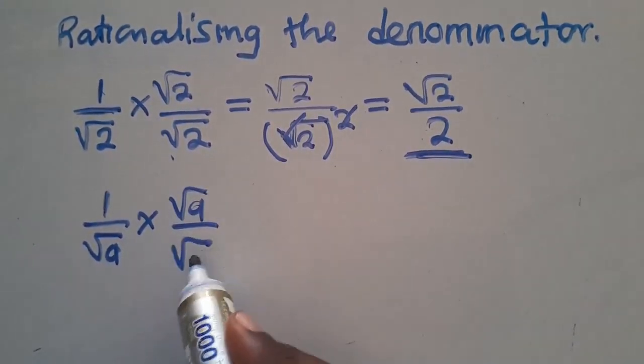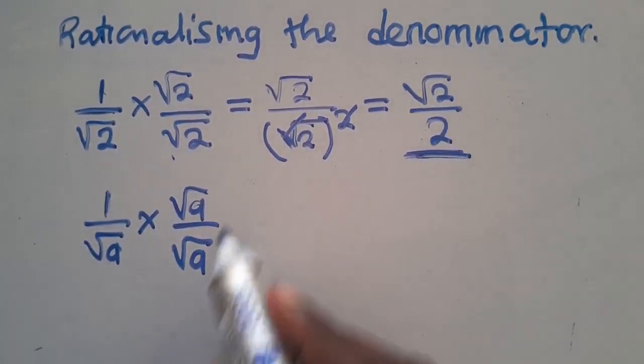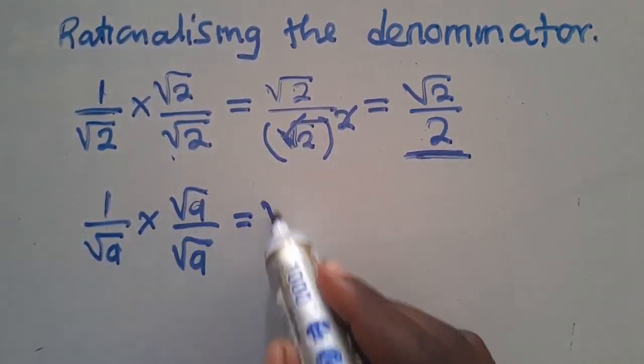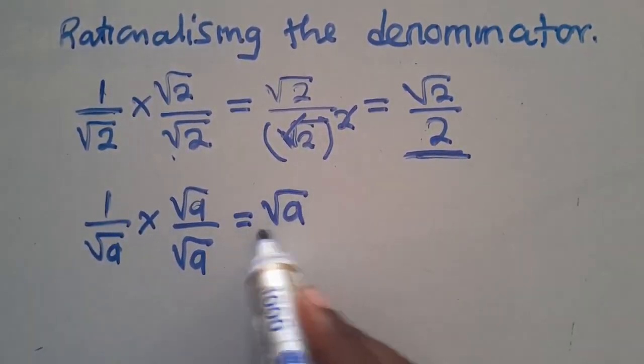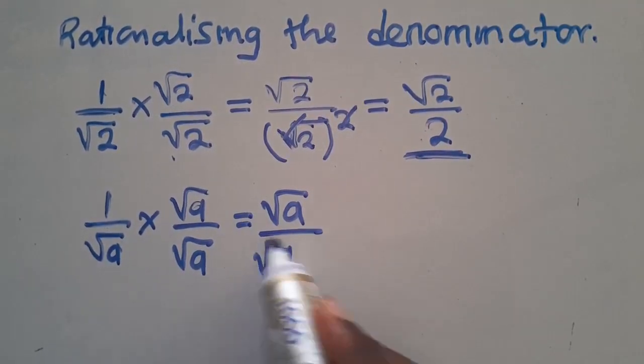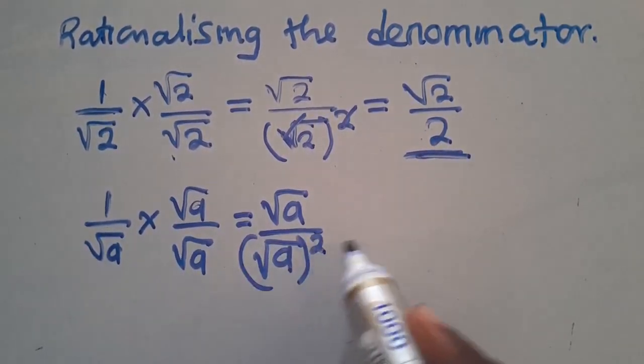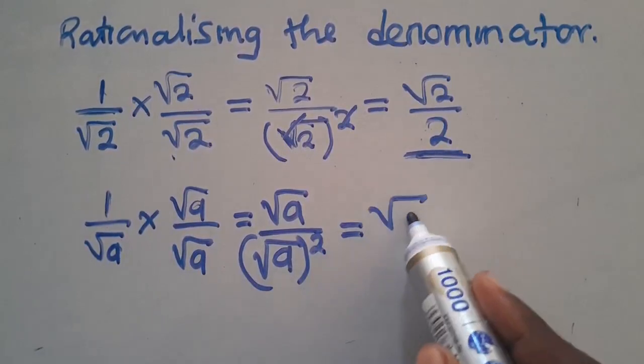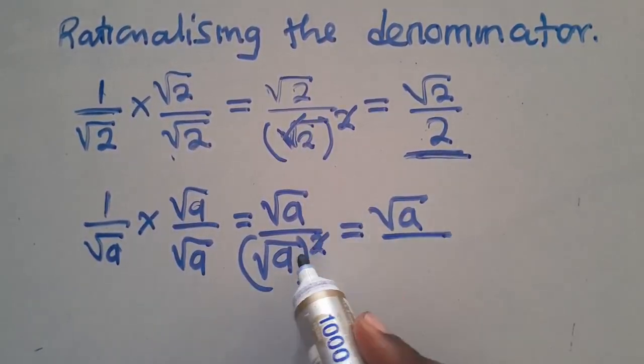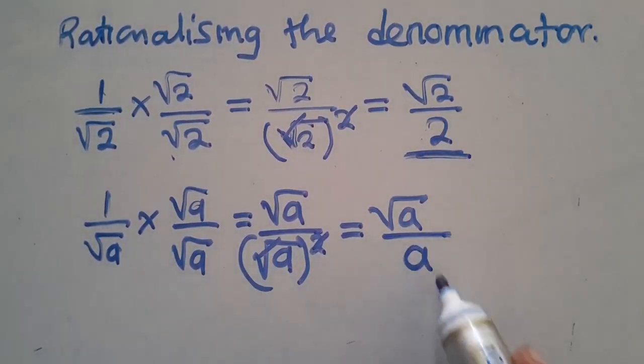That gives 1 times root a, which is root a over root a squared. The square and the root cancel, and you are going to remain with a. This is what I mean. These are some of the things that you need to know, get, and understand.